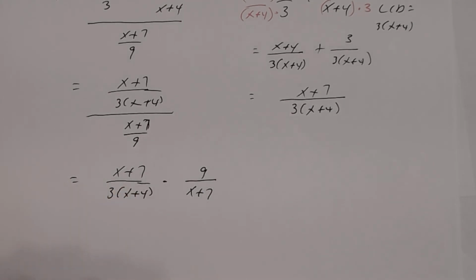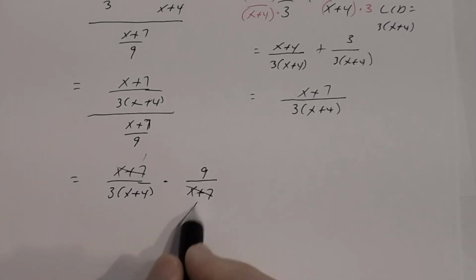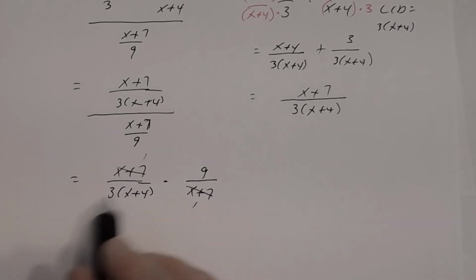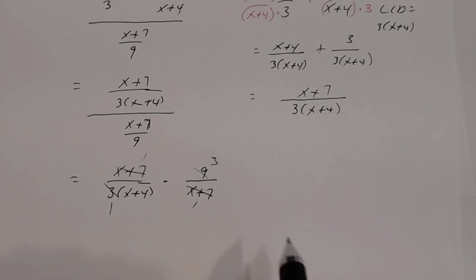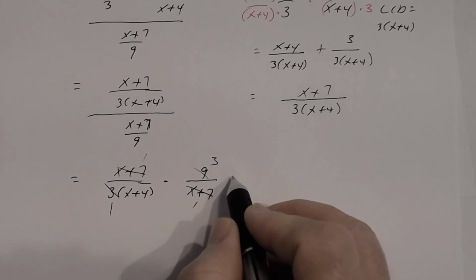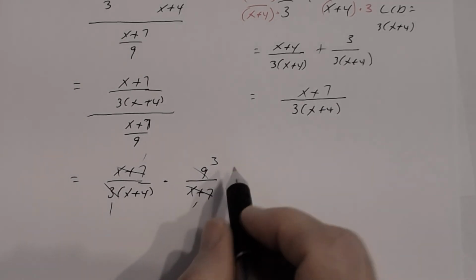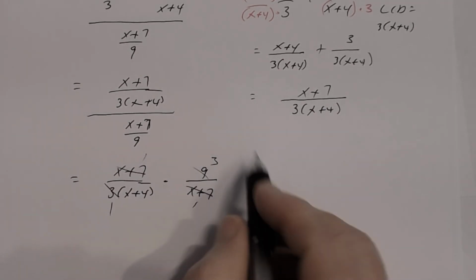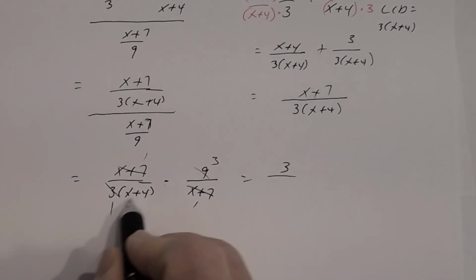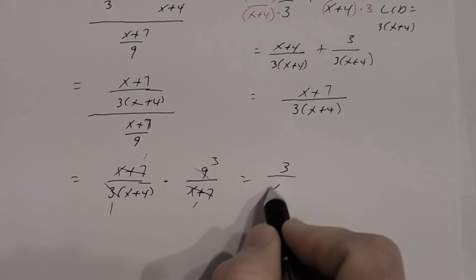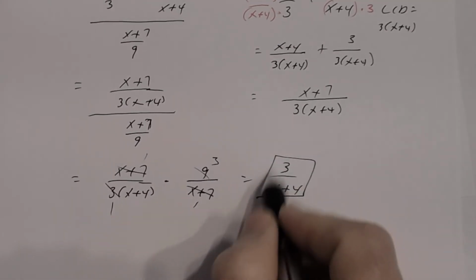Now let's reduce. The x plus 7s divide out, and the 3 and the 9 you can reduce: 3 and 3 is 1, 3 to 9 is 3. I can't reduce anything else, so your answer is 1 times 3 is 3, over 1 times x plus 4, which is x plus 4. And so there's your answer.